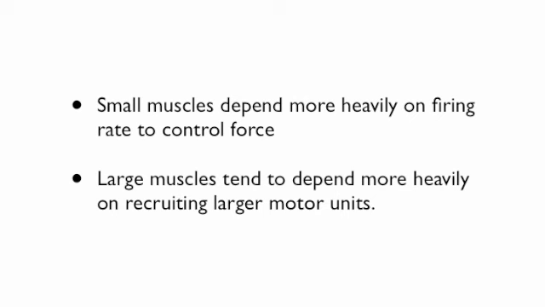So we look at different ways that muscles increase their force and find that smaller muscles that maybe require greater fine coordination tend to increase their force of production more by increasing the rate coding, so the frequency of the stimulus. Whereas larger muscles increase the force of the contraction by recruiting larger motor units.